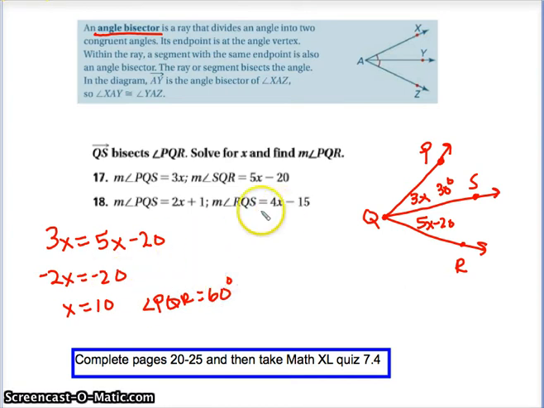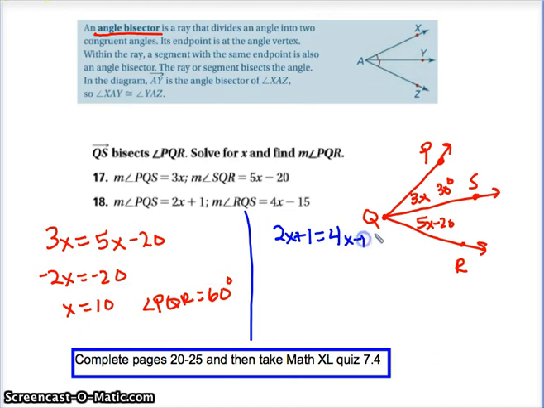Your last task for this video is to go ahead and try number 18. All right, folks, we're back. Time to check your answer. So we know that PQS was 2x plus 1, and now RQS is 4x minus 15.